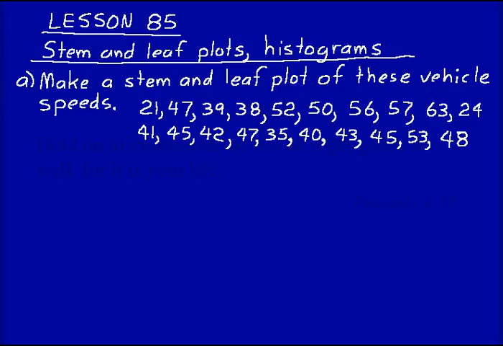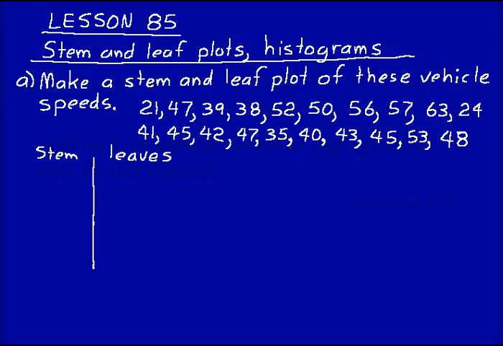What you do is you basically make a vertical line. You write stem on one side and leaves on the other side. The stem will be the first digit in each number. We all have 2-digit numbers, so the stem will be the first digit, and the leaves will be the second digits.